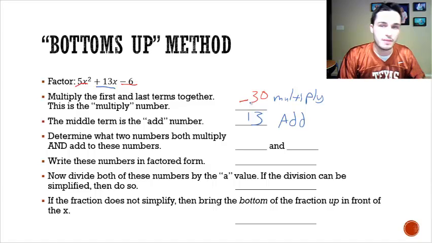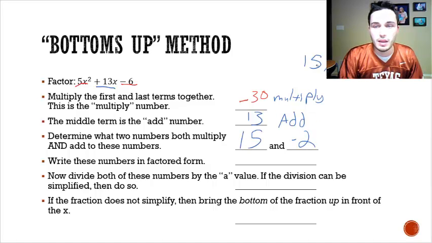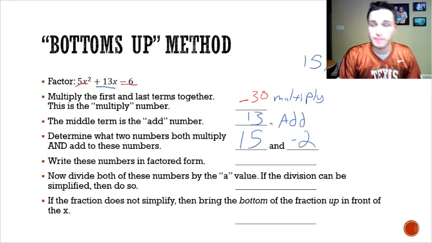I said positive 10 and positive 3. Those do add to make 13, but those don't multiply to make negative 30, so I got to think of something else. So how about positive 15 and negative 2? These two numbers multiply to make negative 30, and when you add them together you get positive 13.